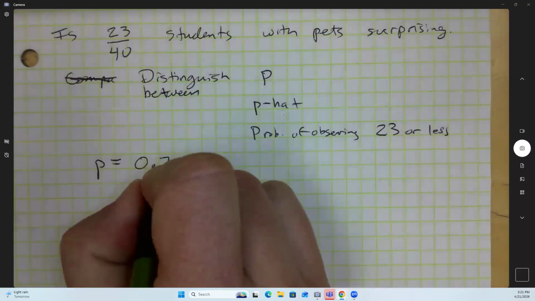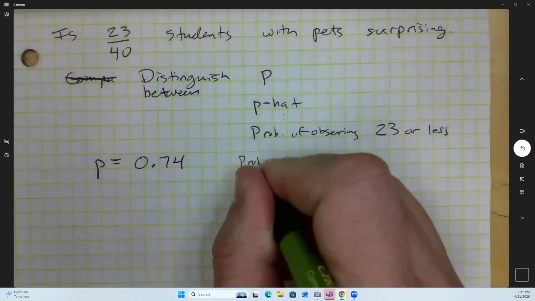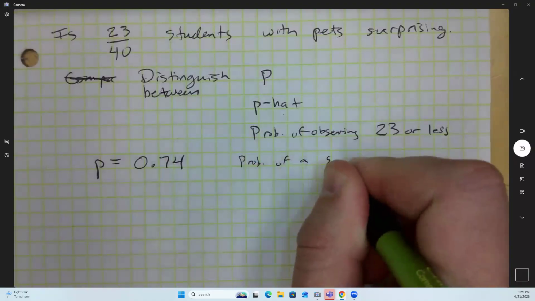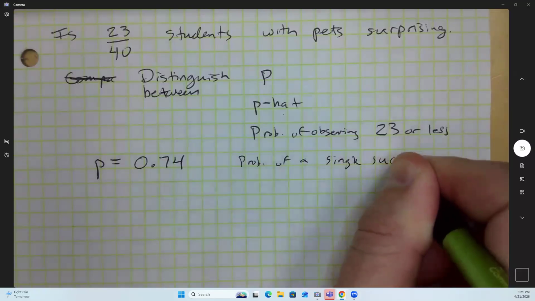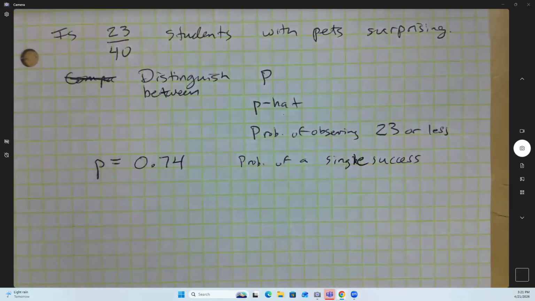In this case, it's 0.74, because that's what our research told us, that 0.74 is the probability that any given student has a pet. Probability of a single success. Is it a success to have a pet? Is it better to have a pet? No, it's just the thing we're looking for.